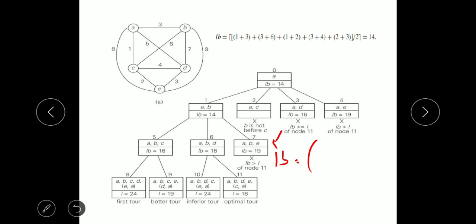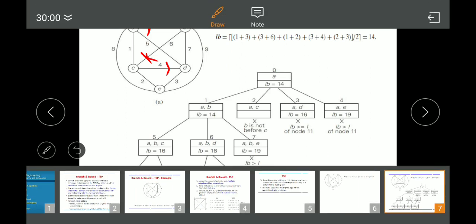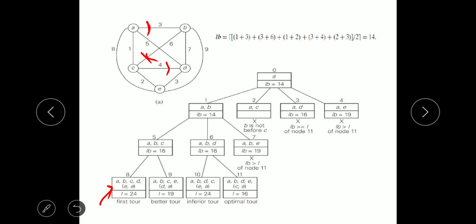Moving on to step 8 here, wherein in the Hamiltonian cycle we are going to consider the edges to be included: A to B, then B to C, then C to D, and then D to E followed by E to A. So these are the edges that we try to include here.